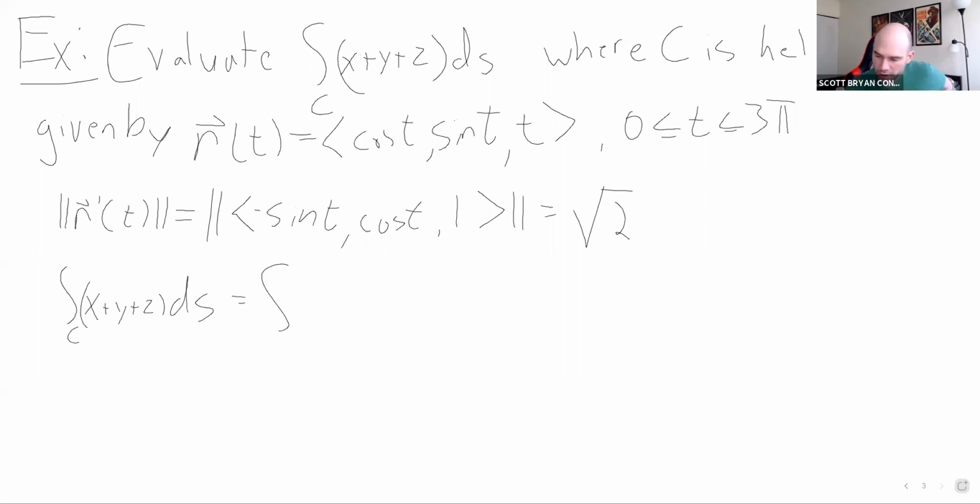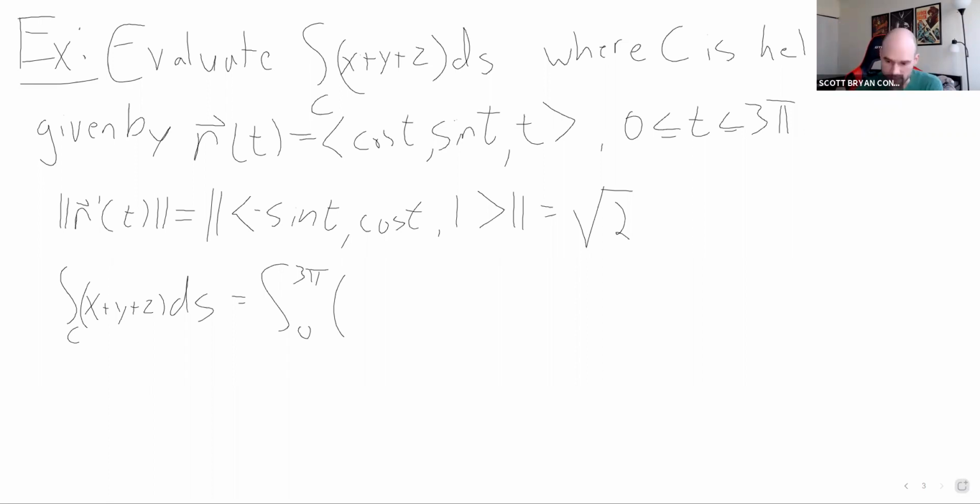Okay. So we're integrating t from 0 to 3 pi. We replace x, y, and z with the parameterizations. So remember, with the parameterization, the first component tells you what x is. The second tells you what y is.